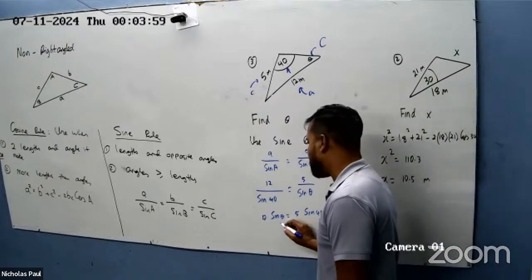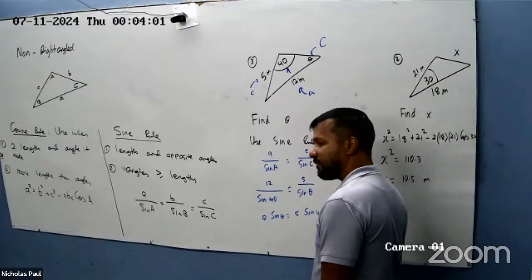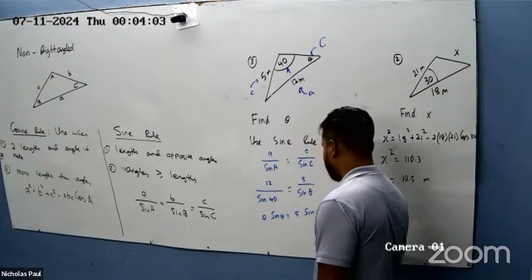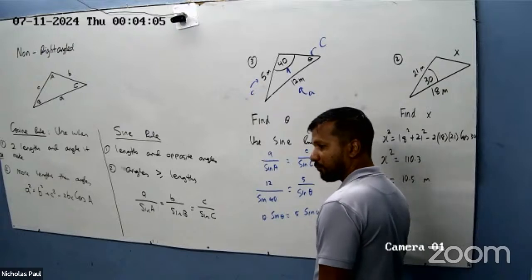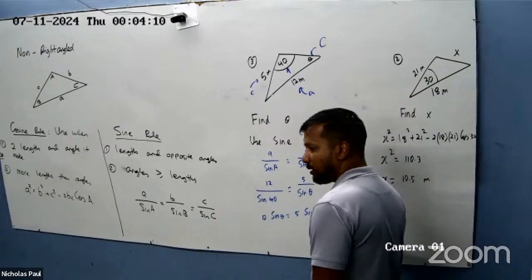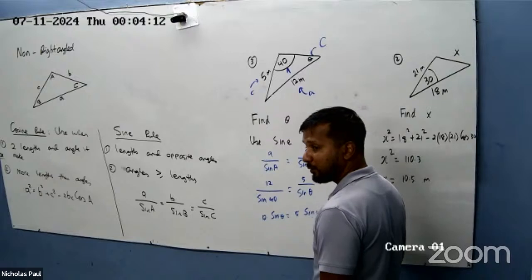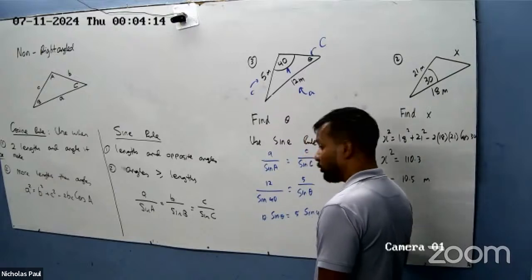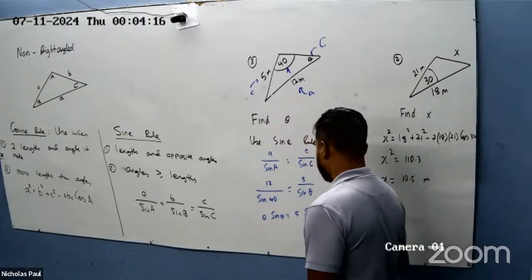So what you'll do here, you'll work out 5 sine 40, you'll get some value. How much is that? 3.2. And then you bring across the 12.